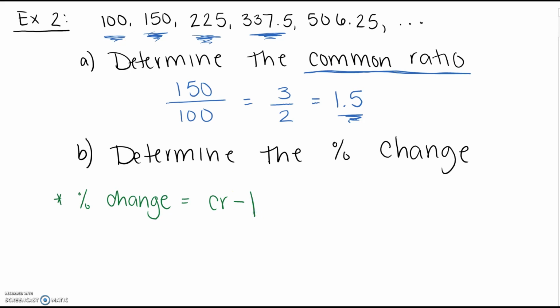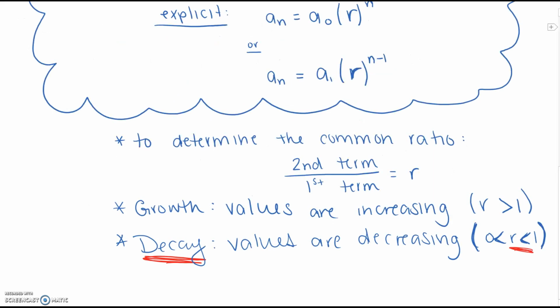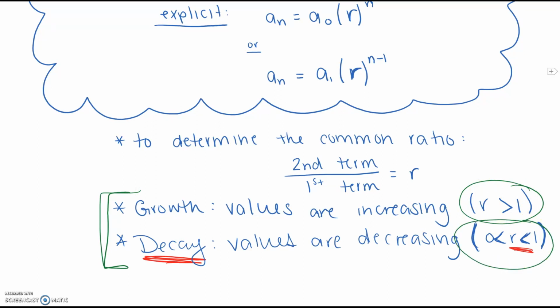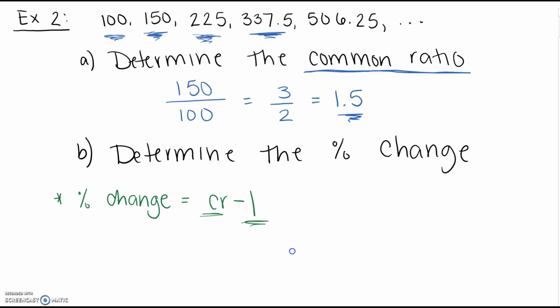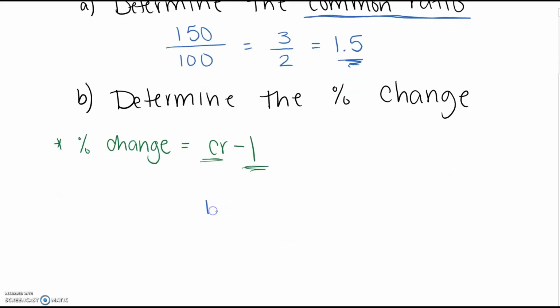And that all goes back to your growth and decay and how r is either going to be bigger than 1 or in between 0 and 1. So going back, it's the common ratio minus 1. Our common ratio is 1.5. So to find the percent change, we will do 1.5 minus 1. 1.5 minus 1 is 0.5. Since this is positive, that's going to be a 50% growth.